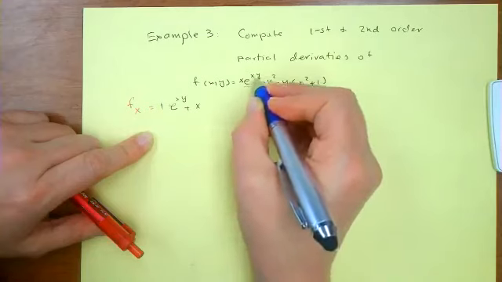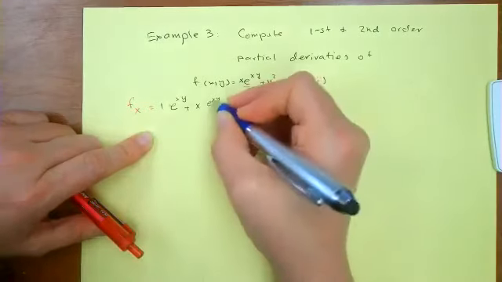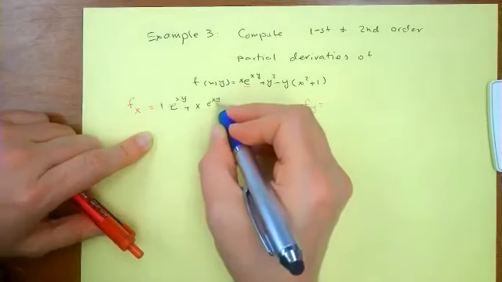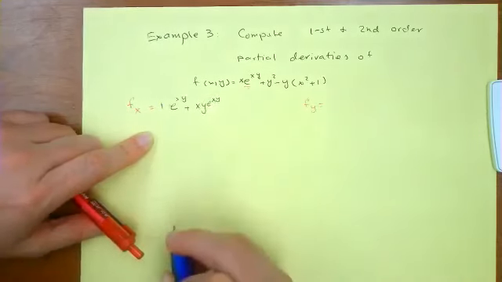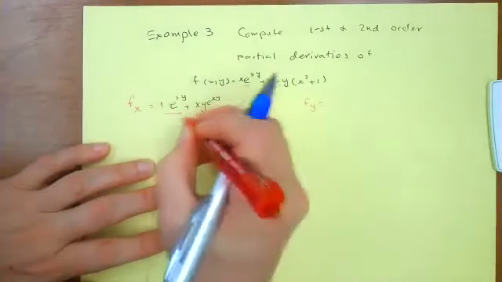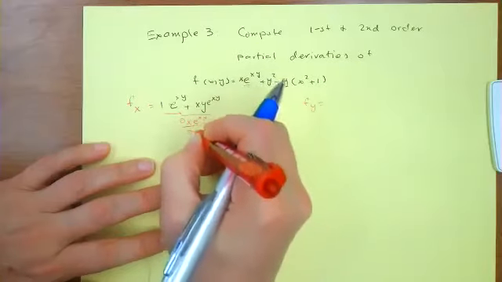So partial of exponential, it's itself times the derivative of the exponent. Derivative of the exponent is partial of xy with respect to x, and that would be y. So this entire thing is partial of x e to the power xy over partial x.